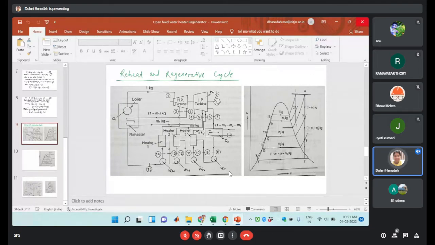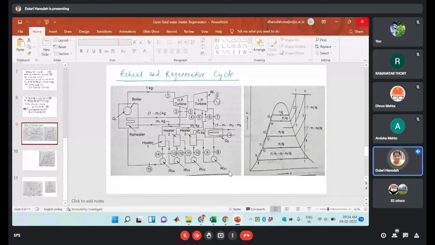Thermal efficiency depends upon the heat input also, and that heat input in the form of the fuel combustion product will be reduced. By using a little amount of steam from the turbine to increase the temperature of the feed water, we can reduce the fuel consumption. In that way, we can increase the thermal efficiency of the plant.